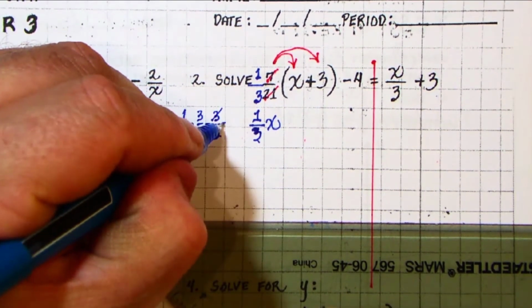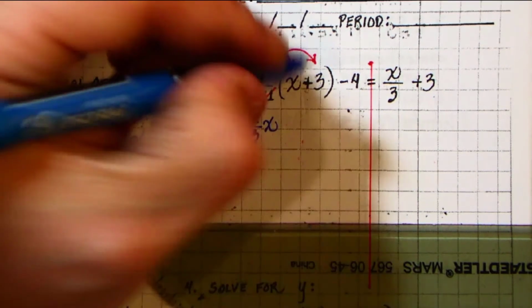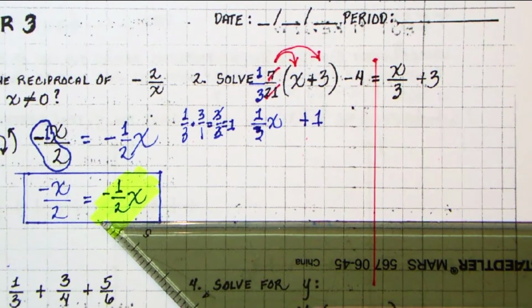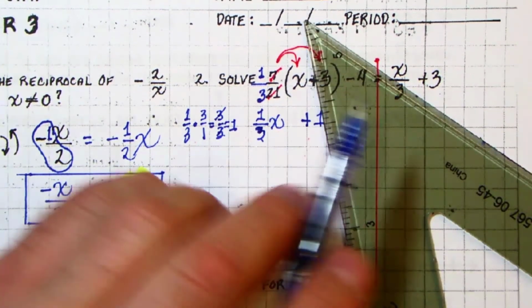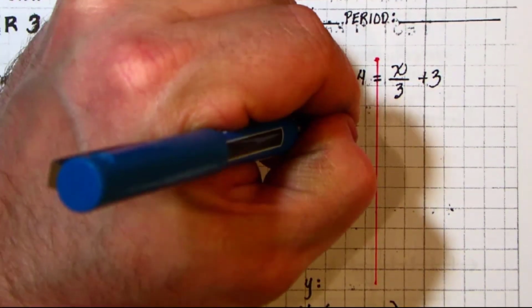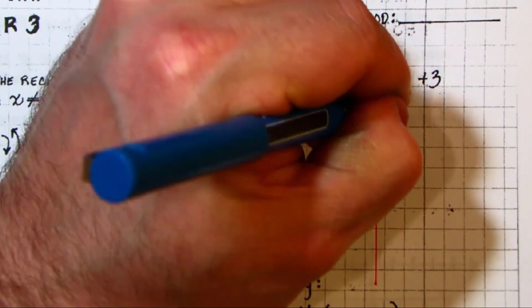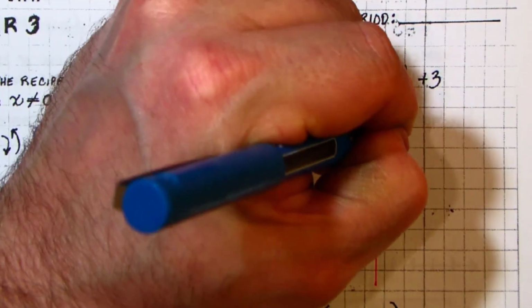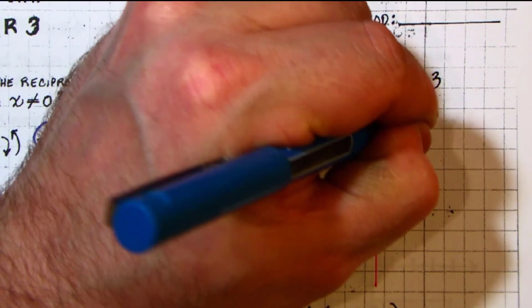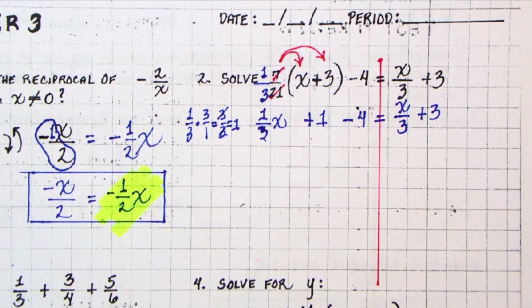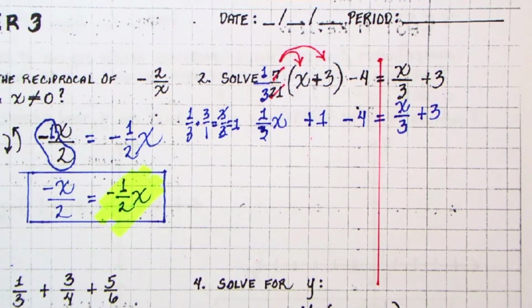It's just 1. So we can write 1/3 x plus 1. Bring down that minus 4. Minus 4 equals, and then we'll write x over 3 plus 3. Basically, I just rewrote everything else.